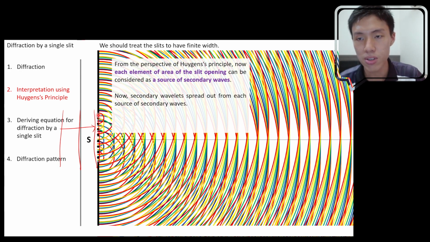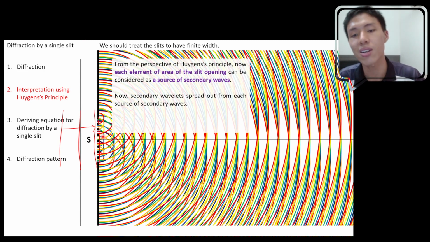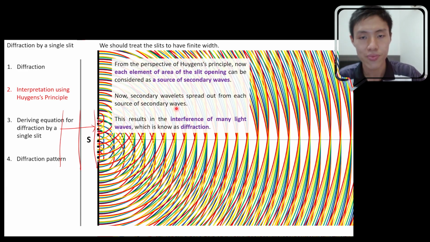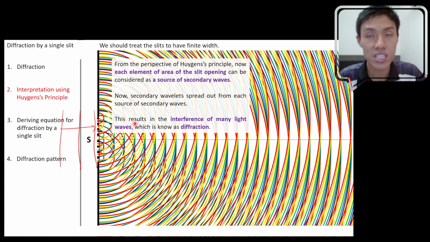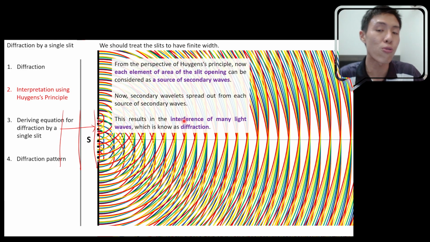Each element here will be emitting its own secondary wavelets, and all these secondary wavelets will overlap in the same region. So what happens is an overlapping of many secondary wavelets. This results in interference, because interference basically means overlap, but this is overlapping of many light waves, not just two.